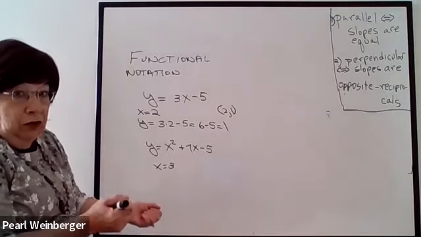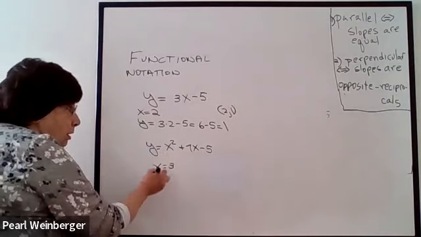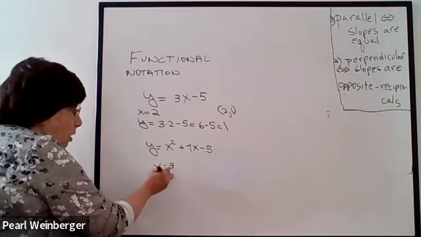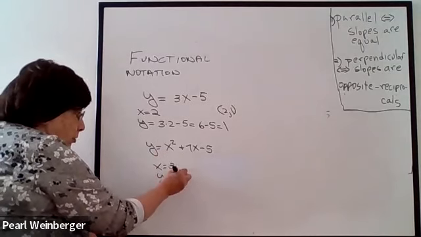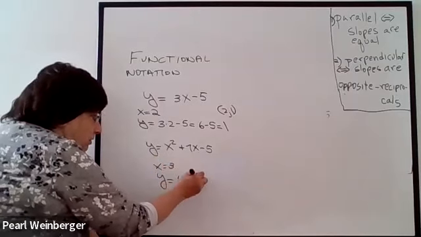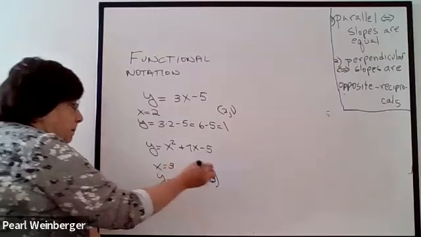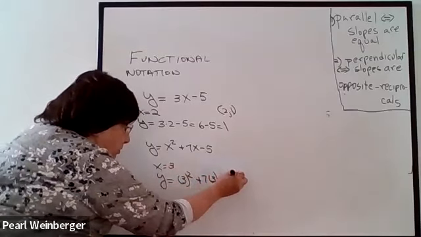You could figure out what the y is by replacing the x with 3. So then you would get y equals 3 squared, because that's what the x is, plus 7 times 3 minus 5.